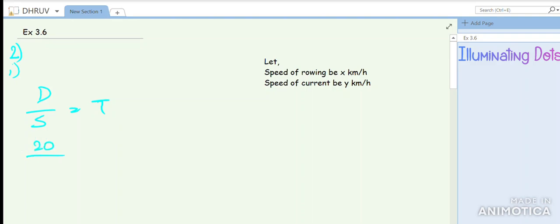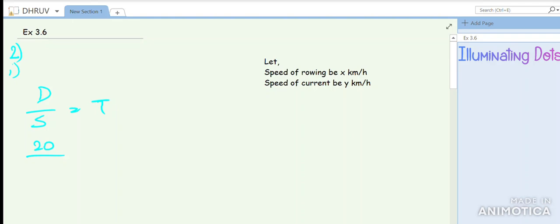For downstream, if the river is flowing in this direction and Ritu is moving downstream, her speed of rowing, that is x, and the speed of current, that is y, will both get added, because when they are in the same direction, their speeds just add up.